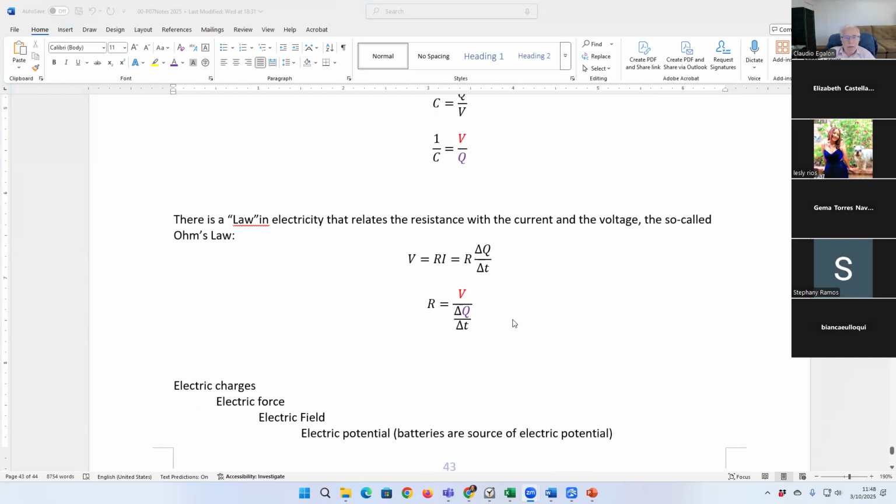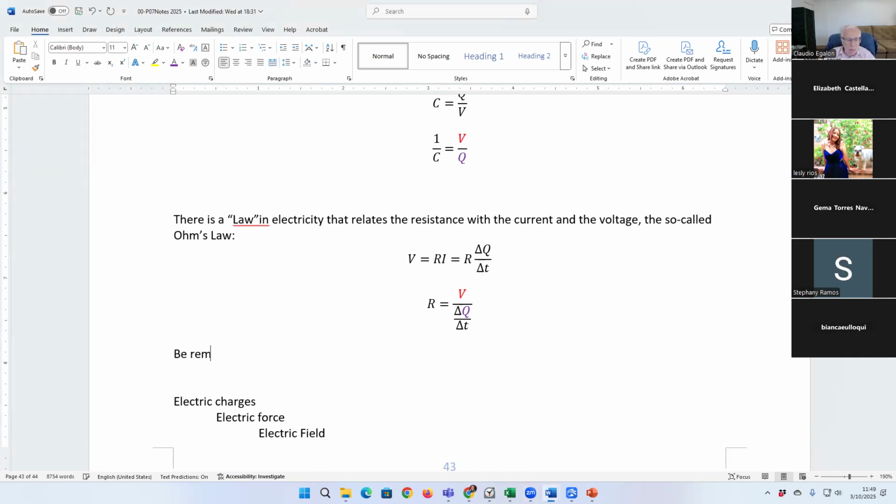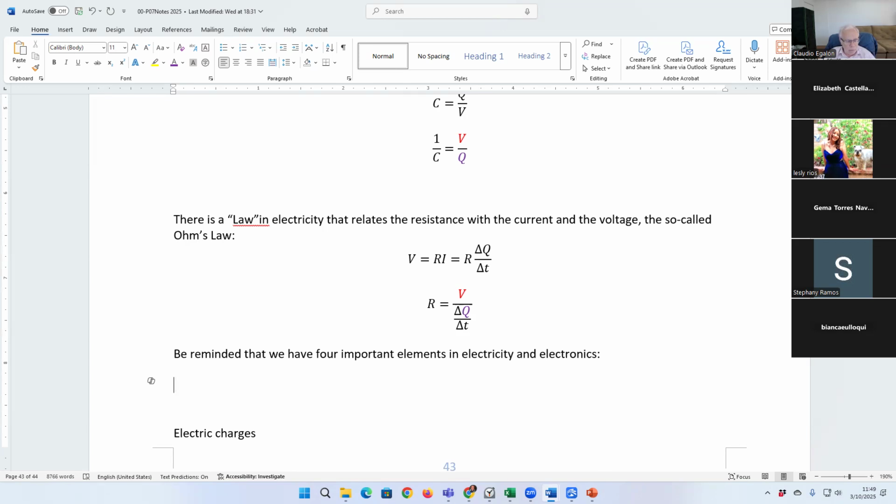Okay. So now, be reminded that we have 4 important elements in electricity and electronics. Remember that? I told you that. Capacitor is the first of them. The second one is the resistor, and we're studying the resistor right now. The other one is the inductor, and the last one is the transistor.